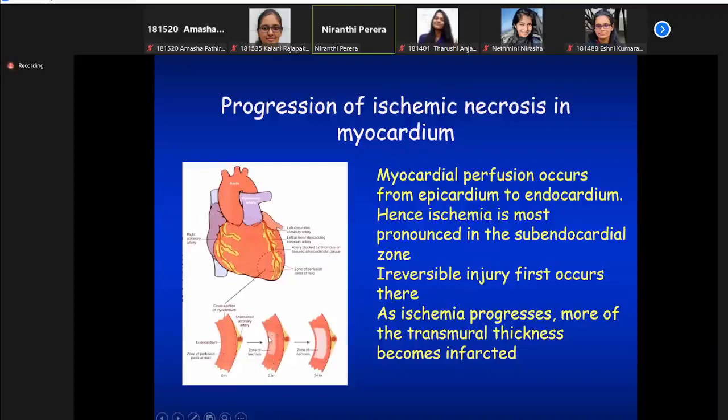If you have ischemia, initially it's not the outer myocardium, it is the subendocardial area, which is the most liable to ischemic injury, okay?